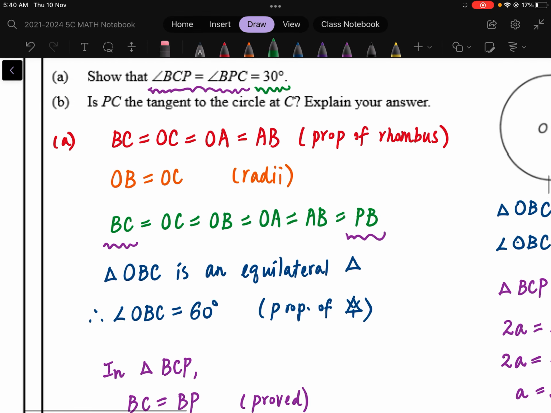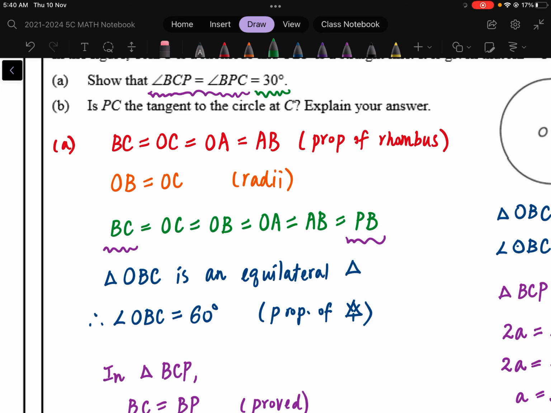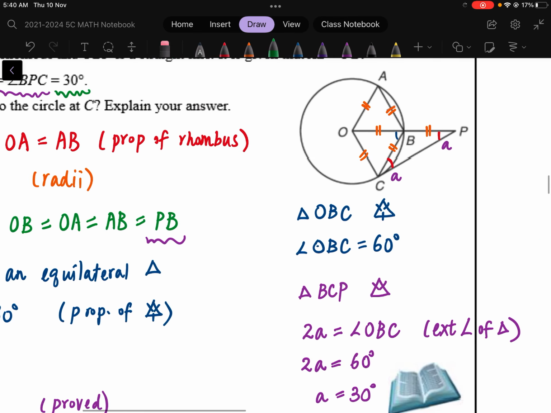Next, we'll move on to part B. Let's look at the question. Is PC the tangent to the circle at C? Explain. So where's PC? Let's see. PC is right here.